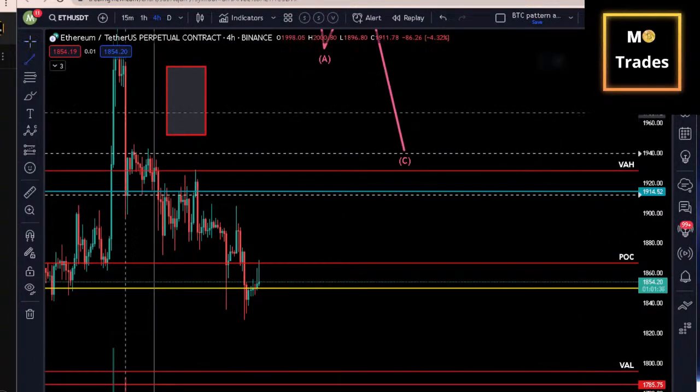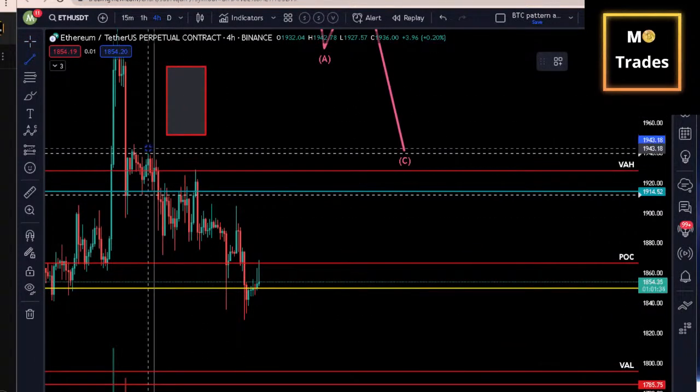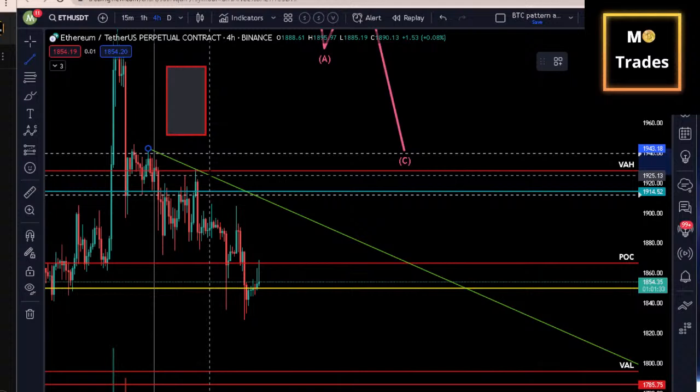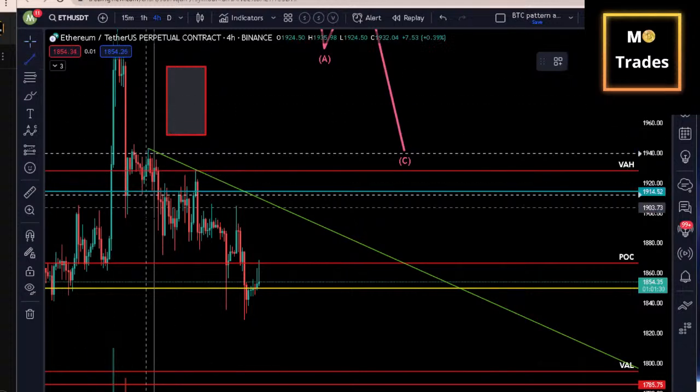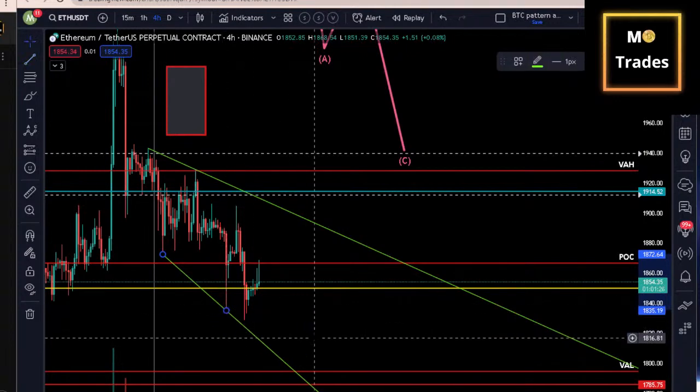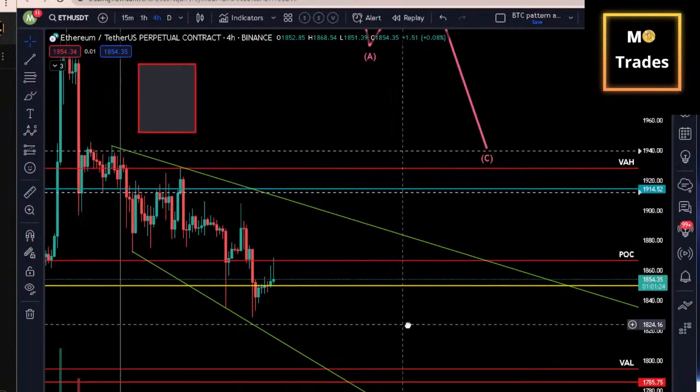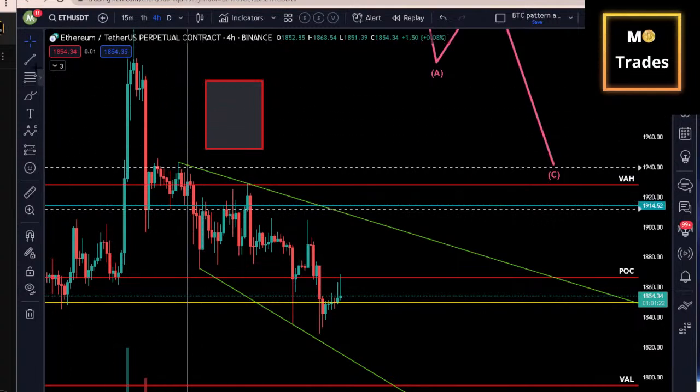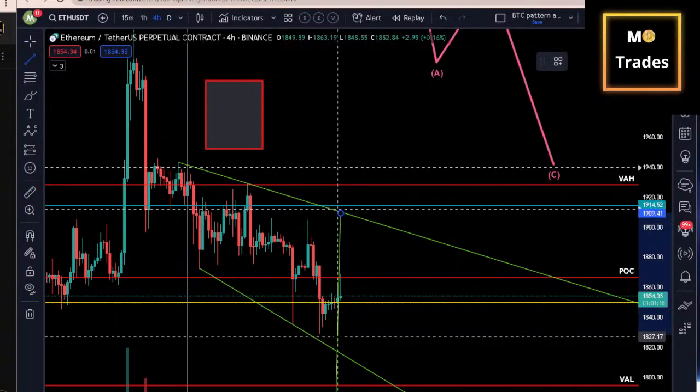So if you take this channel, I'm going to give you some target to the upside. You put that parallel line and you put this point over here and you say this is some sort of a wedge, then your breakout point, you take it from the width of this channel.